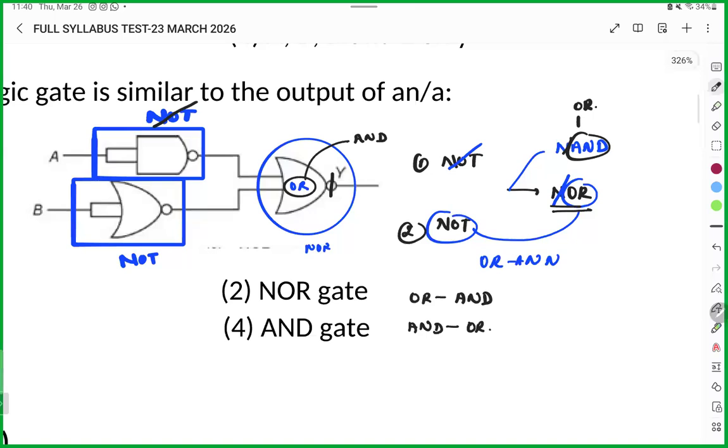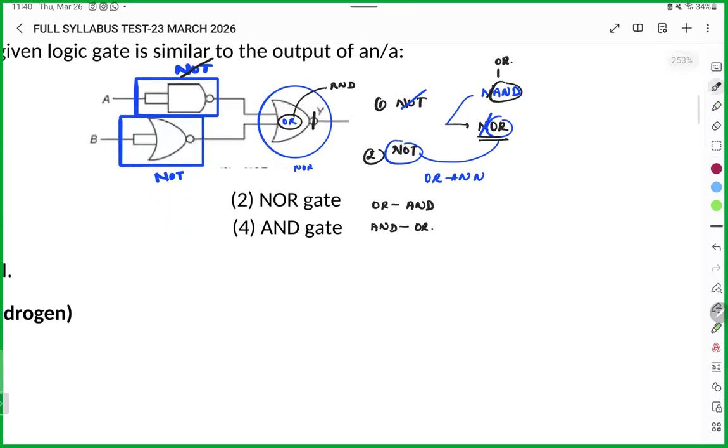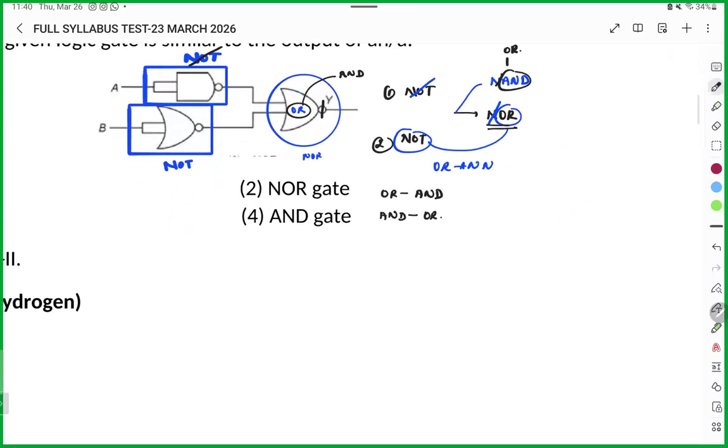Another method is the truth table. You can make a truth table, which is the universal method, where you give A input, B input, A inverse, B inverse, then from A inverse this, B inverse this, OR gate you add them, and then you can get this Boolean expression, but only if you know this concept.